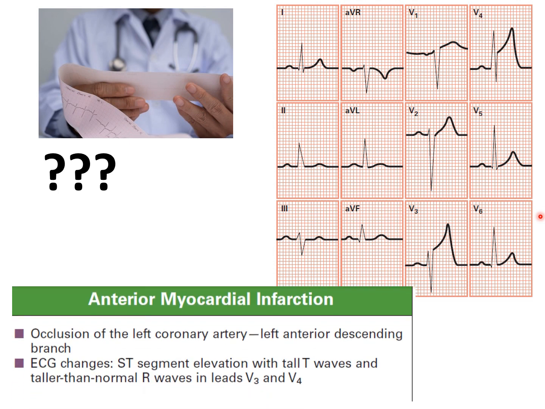This is a case of anterior myocardial infarction. To note the anterior wall, you can consider leads like V3 and V4. There is marked ST segment elevation in V3 and V4. That is telling you the anterior wall infarction.